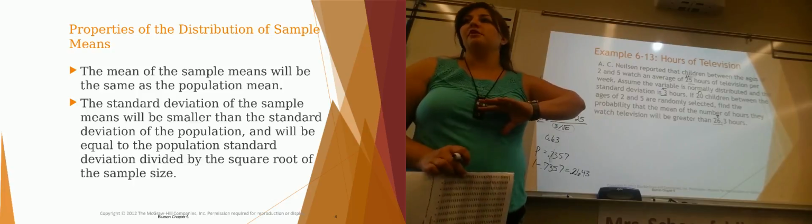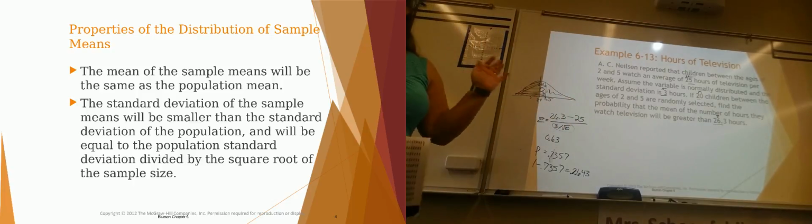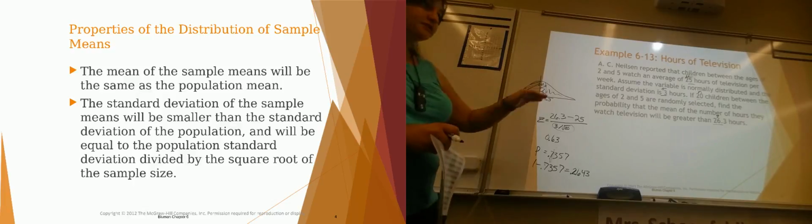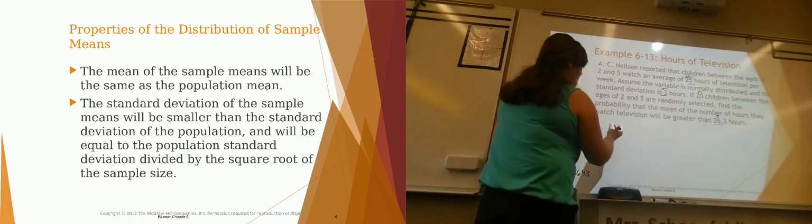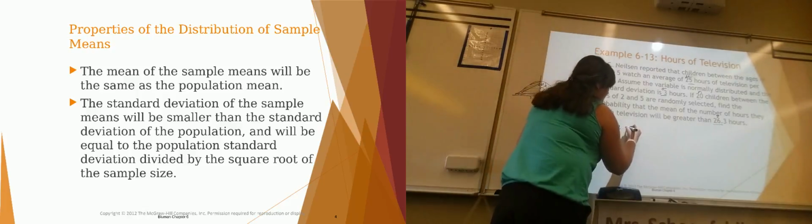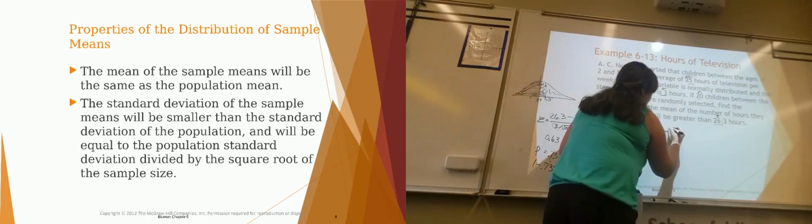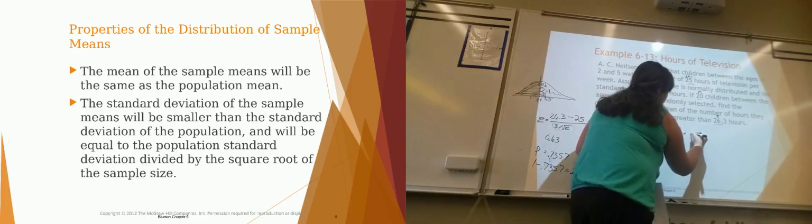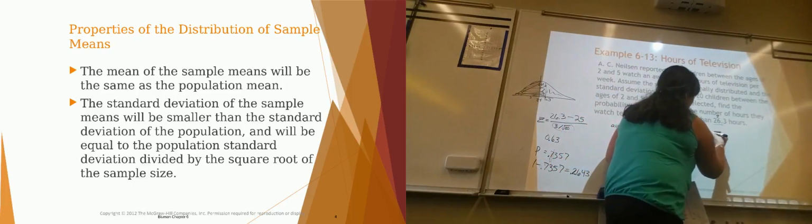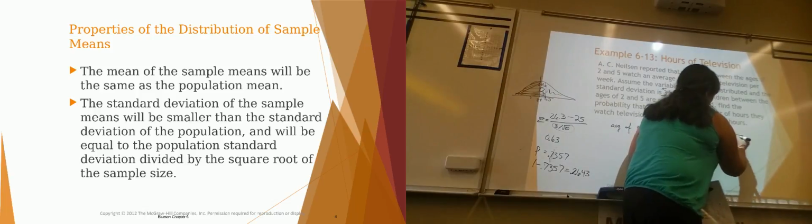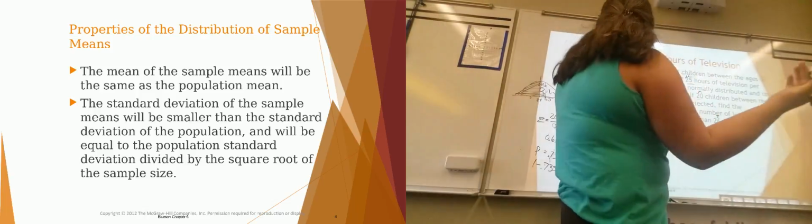It's weird to convert it back to that word piece, but try really hard to do that when you're actually writing your answer. The average of the 20 children will be above 26.3 is about 26%.